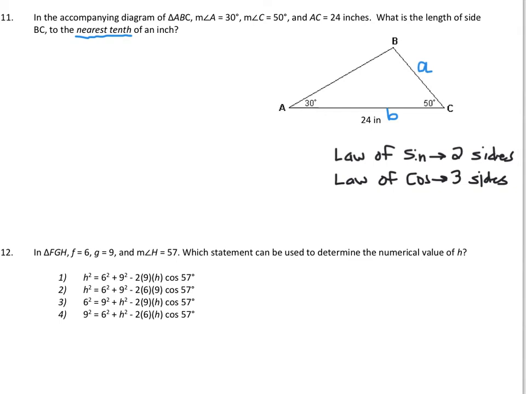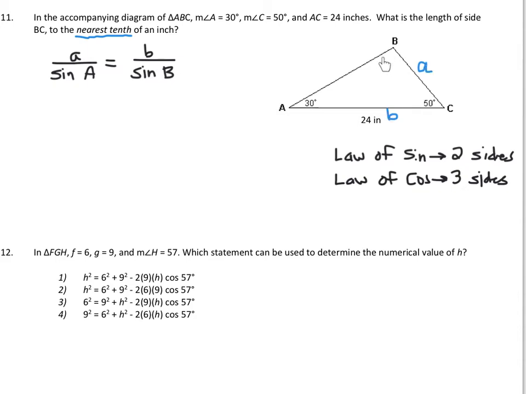So we're going to use A over sine of A equals B over sine of B. Even though we know angle C, it's not the angles that help us decide which variables to use in the formula. It's the sides. We're working with side A and side B.